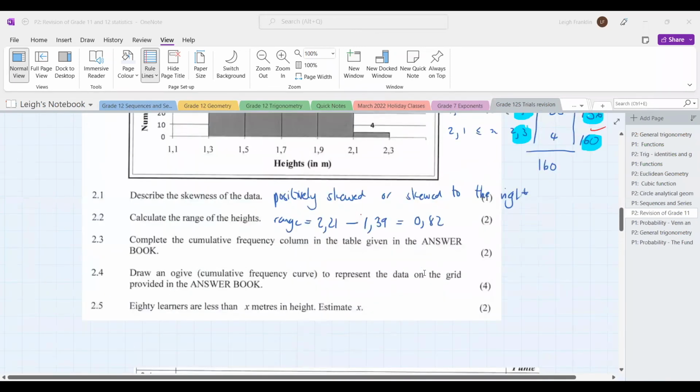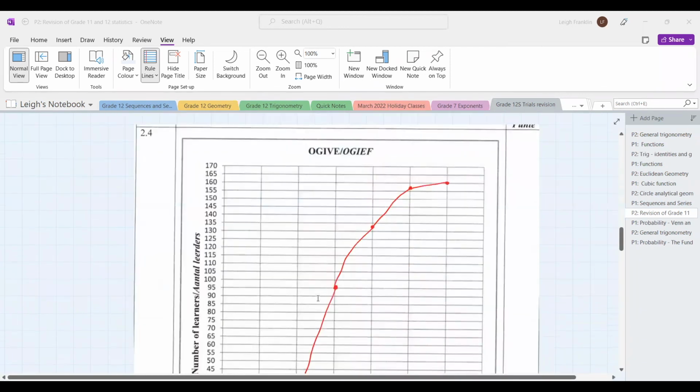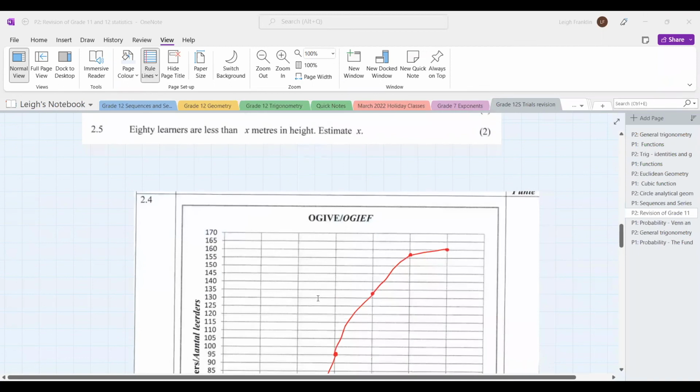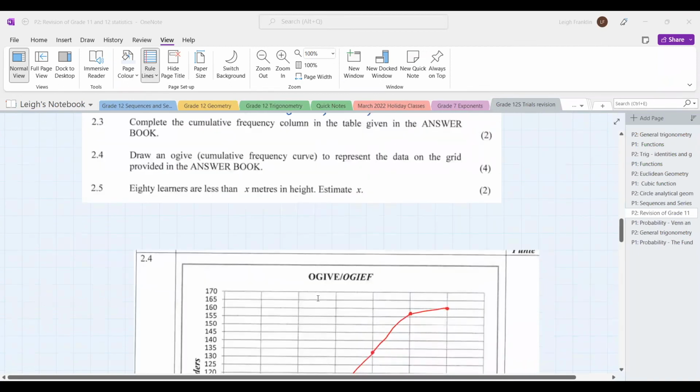So the last question here, now they want us to use our cumulative frequency curve to estimate. 80 learners are less than X meters in height. Estimate X. So what do they want us to do?